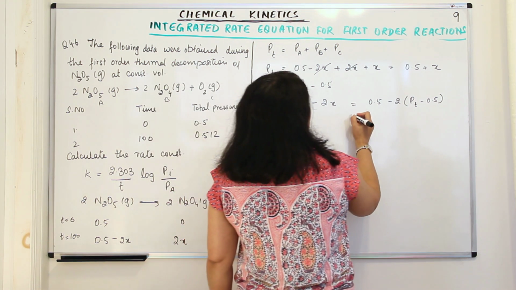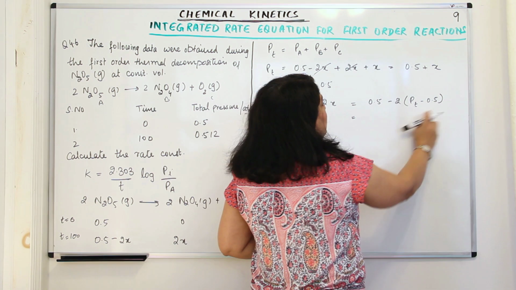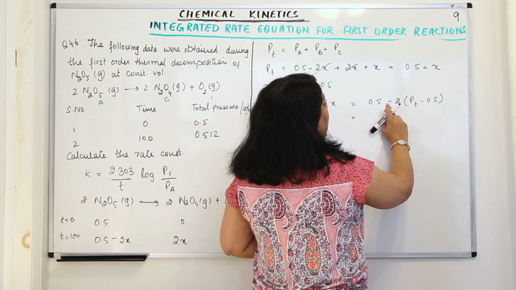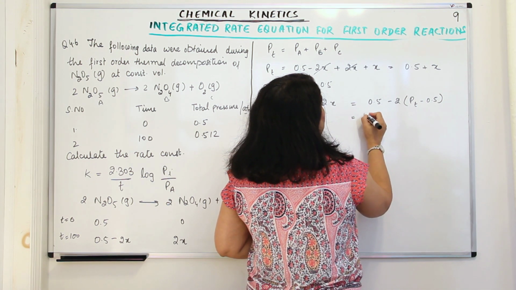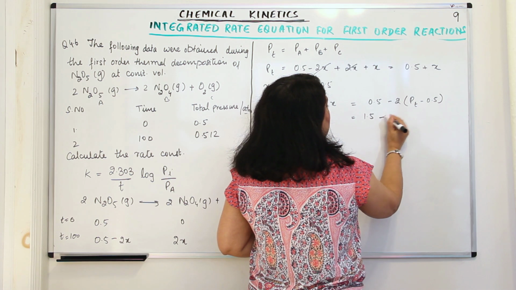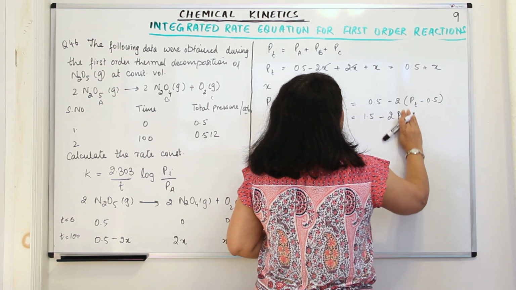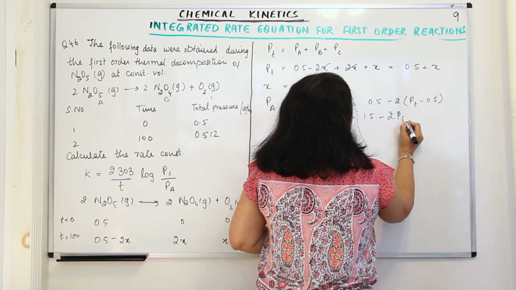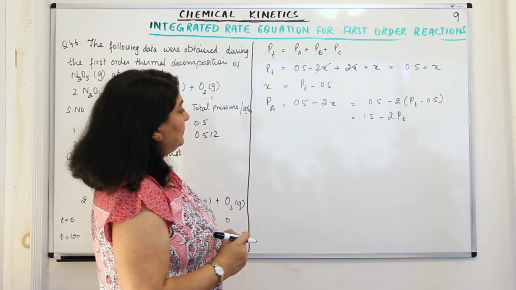So this would be equal to, if you solve this part, 2 minus 2 into minus 0.5 would be 1.5 plus 1.5, and 2 minus 2 PT. Again, it should be a subscript. I'm making this mistake. It should be a subscript. PT, partial pressure at time t, right?